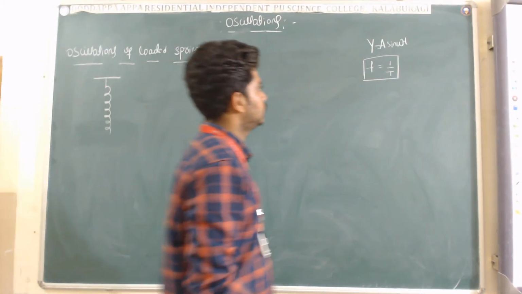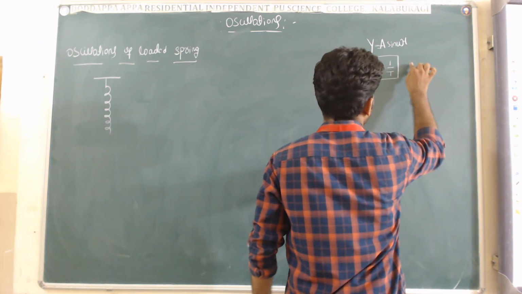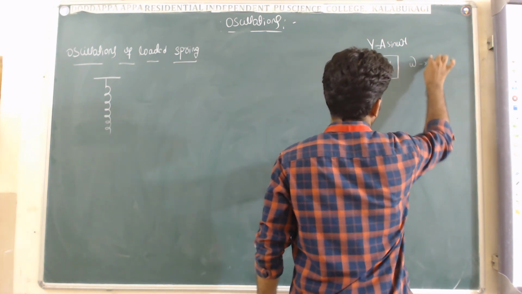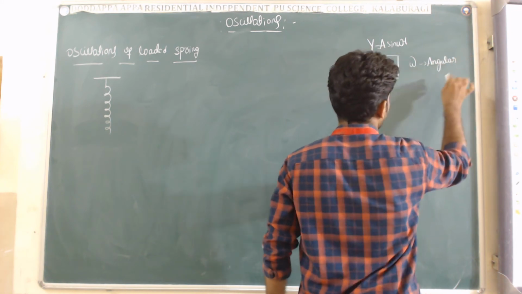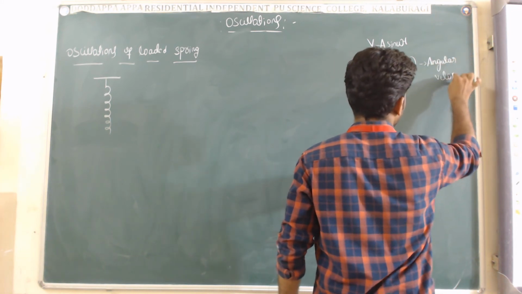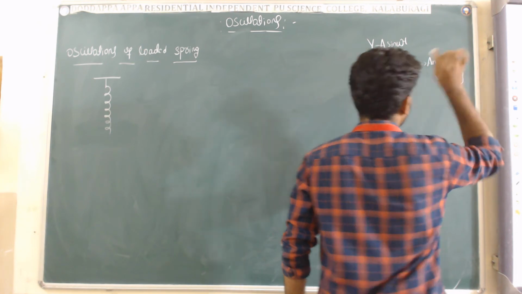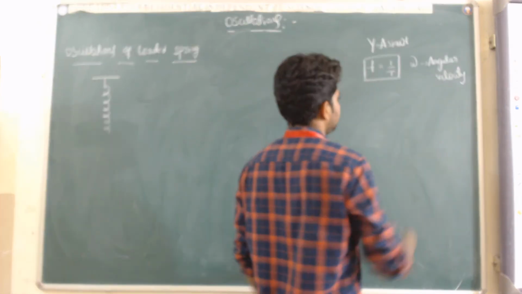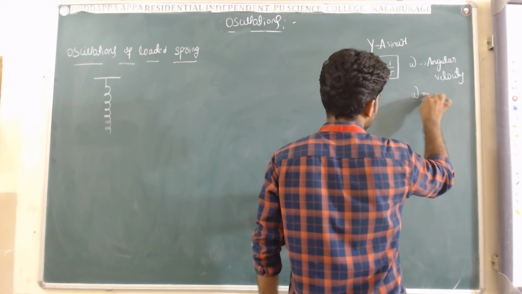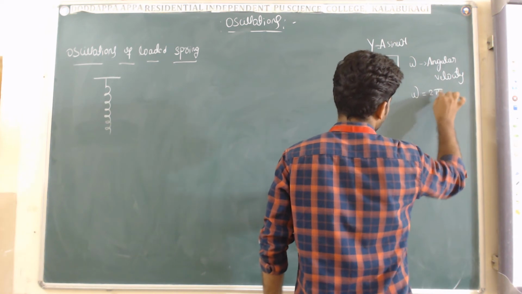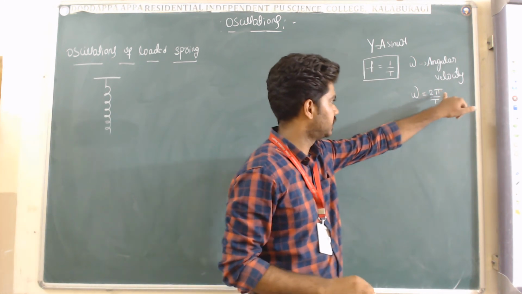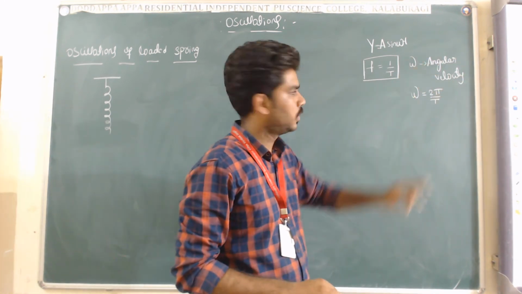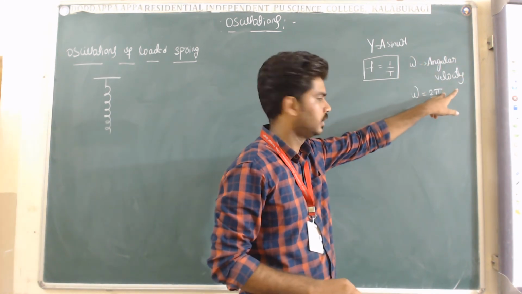Also, omega is the angular velocity, and the value of omega is 2 pi by T. 2 pi means 360 degrees, one circle.